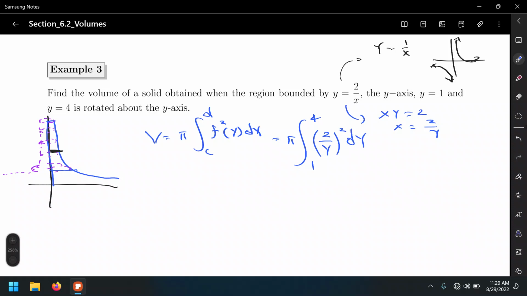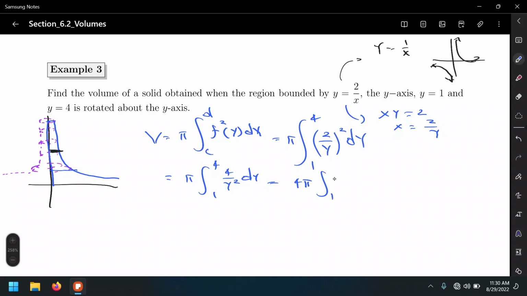So let's square first and then rewrite the integral. So that's going to be the integral from 1 to 4 of 4 over y squared dy. Let me take the 4 outside of the integral, multiply it with pi, and at the same time write that y squared in the denominator and move it to the numerator, because we cannot integrate this while it's in the denominator.